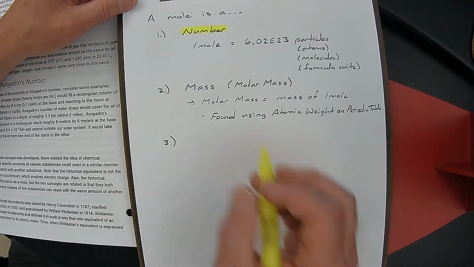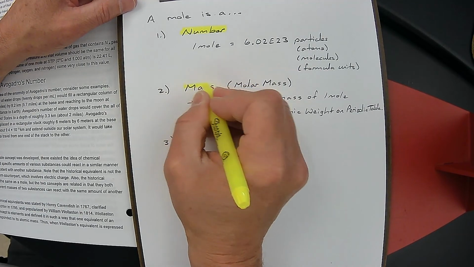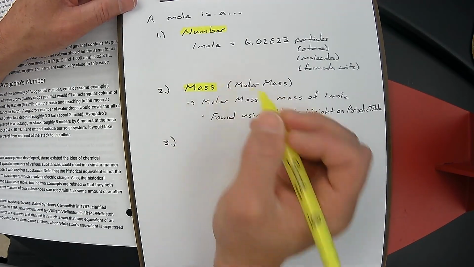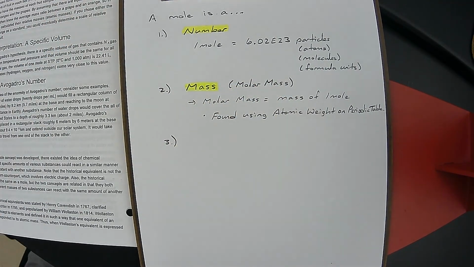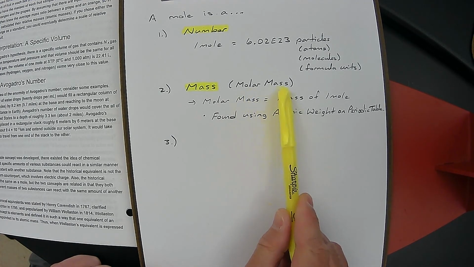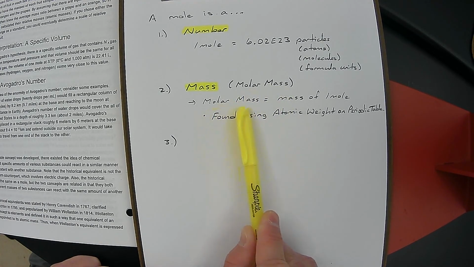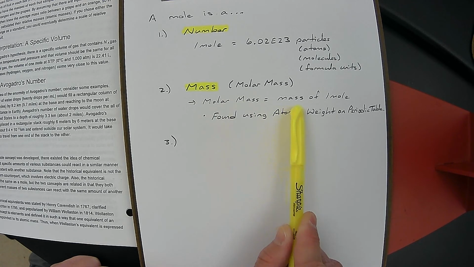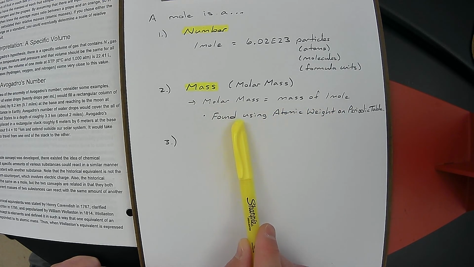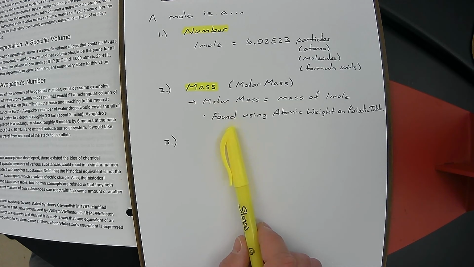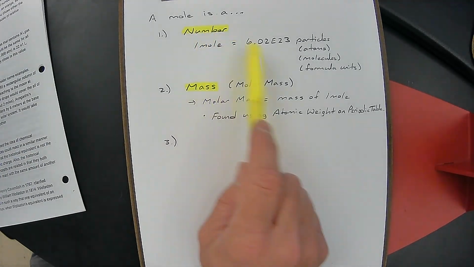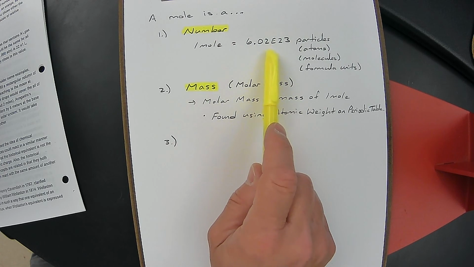We then developed this idea that a mole is also a mass. And we use the term molar mass, the mass of a mole. That's how we define molar mass. It's simply the mass of a mole. Where does that mass come from? It's a little bit trickier because when we talk about a number, it's always this number. It never changes.